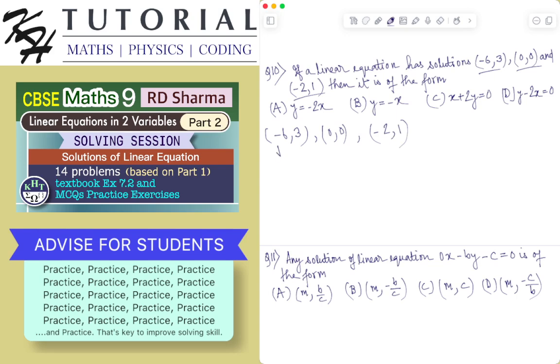From the root (minus 6, 3), minus 6 is the value of x and 3 is the value of y. Can I quickly create a relation between the x value and the y value? Yes, I can, because I can see that x is equal to minus 2y.